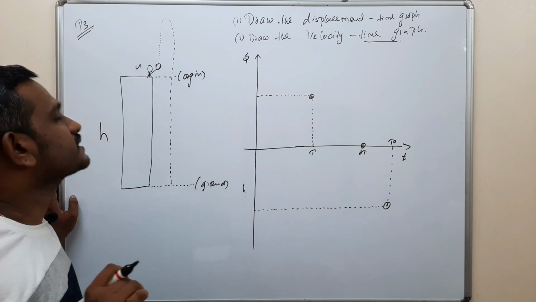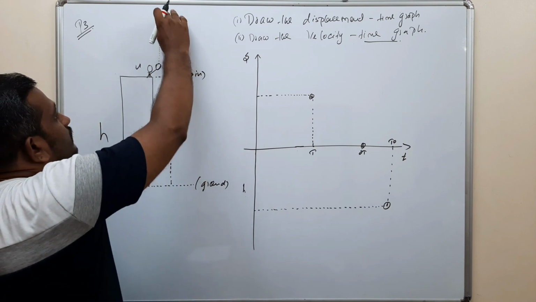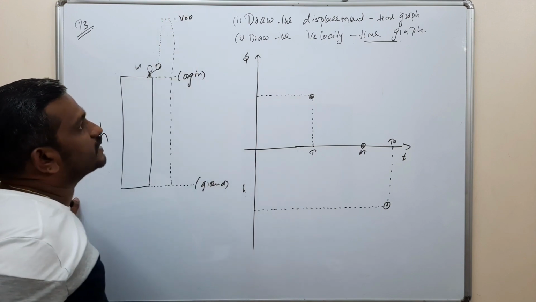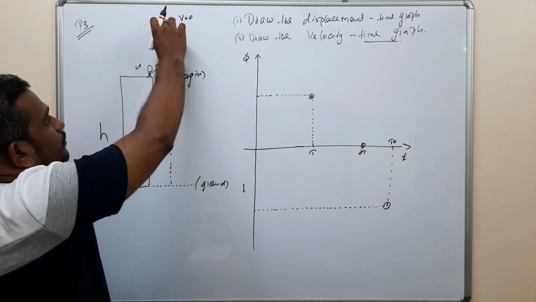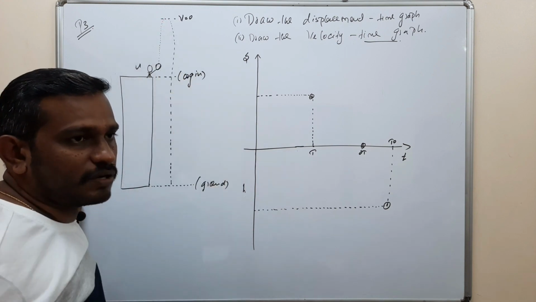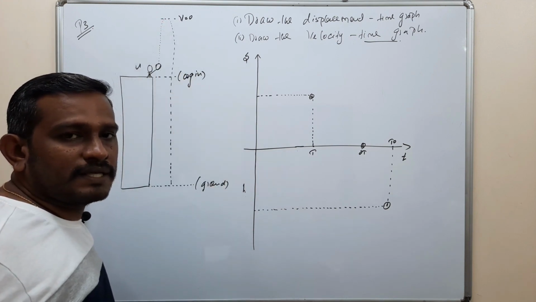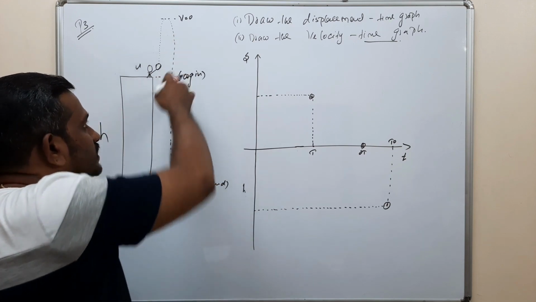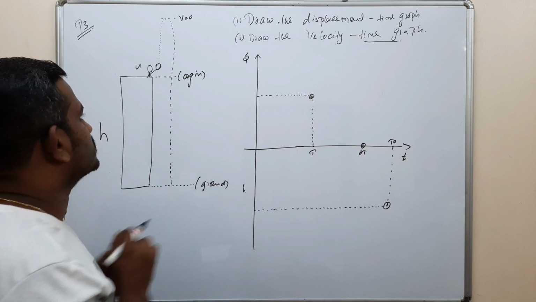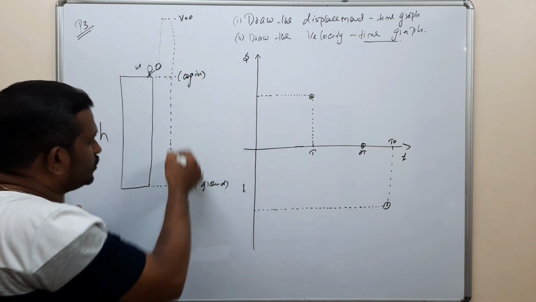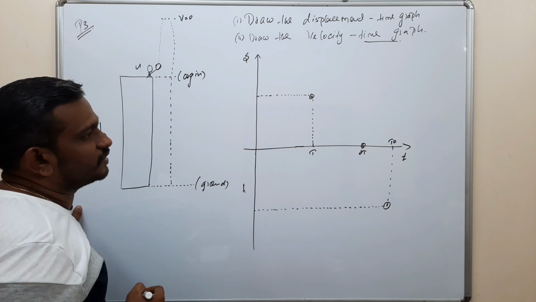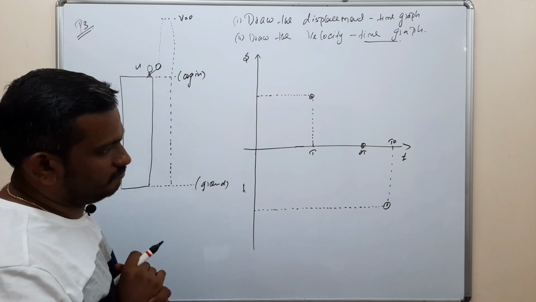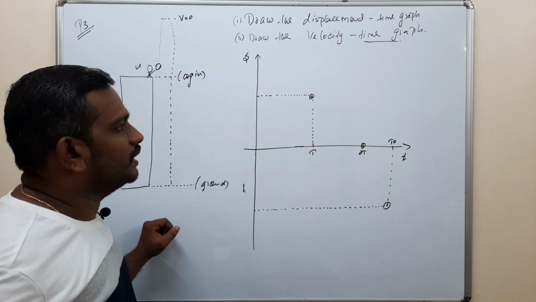At this height the velocity becomes 0. From that point the ball comes down, and the velocity is negative and increasing. Throughout the motion, from this point to this point, the velocity is negative and it is increasing. In such a manner we have to draw the curve.